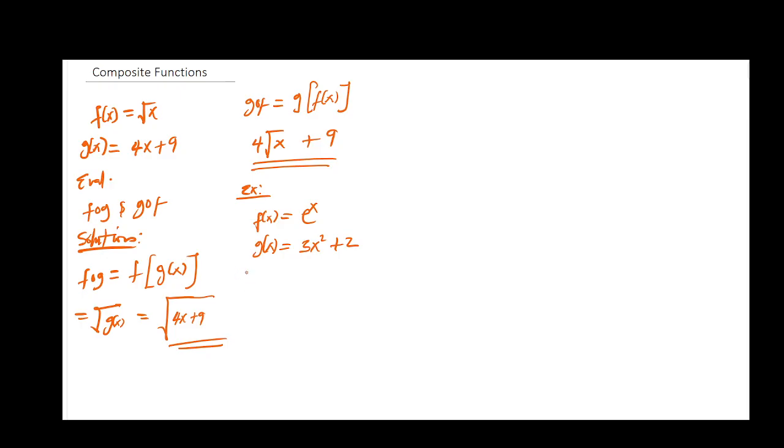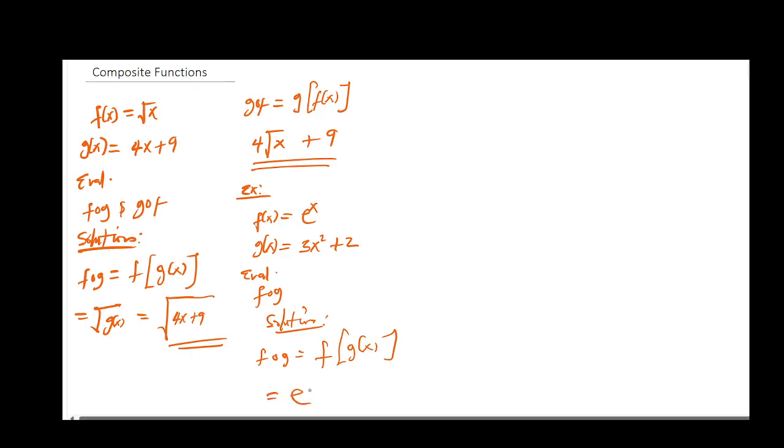Let's evaluate f of g. So f of g will give us f of g of x, and our f of x is e to the power of x, so we'll replace the x with g of x.